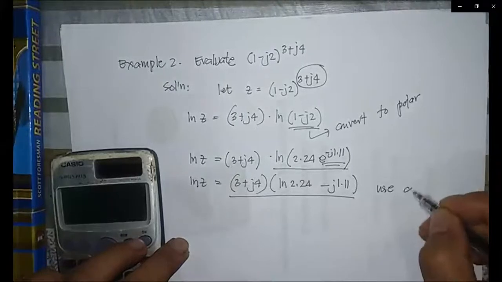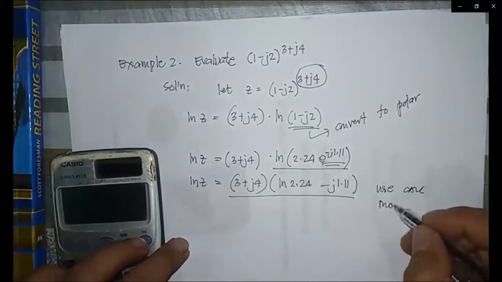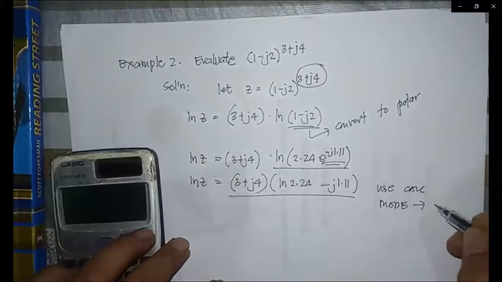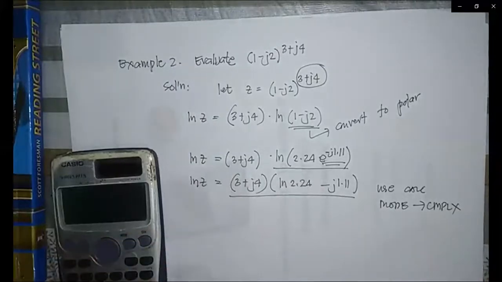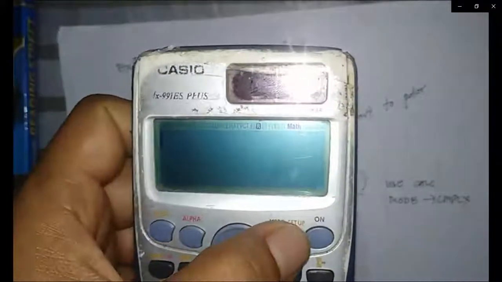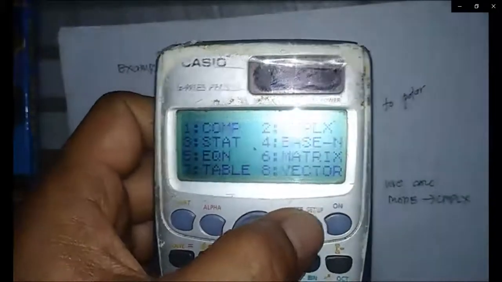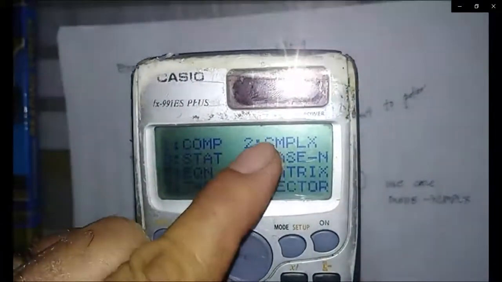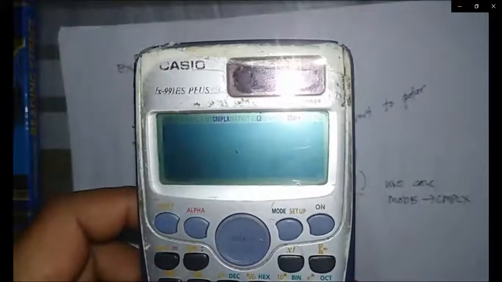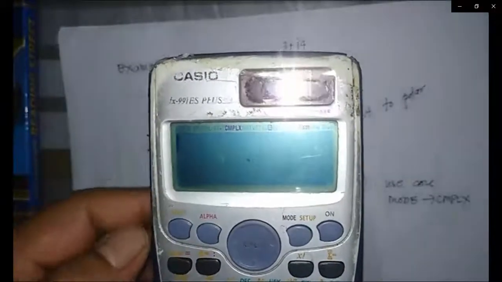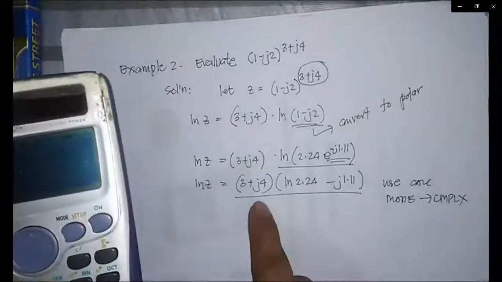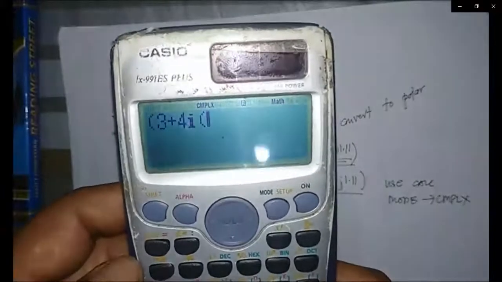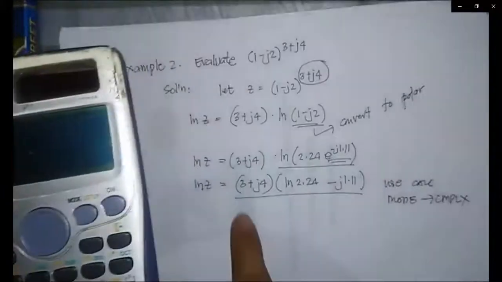Now, to simplify this the fastest way, you are going to use your calculator. But make sure your calculator is in complex mode. So change the mode of your calculator to complex mode. Okay, that is now in complex mode. So we will write 3 plus 4i. In your calculator, that's i instead of j.